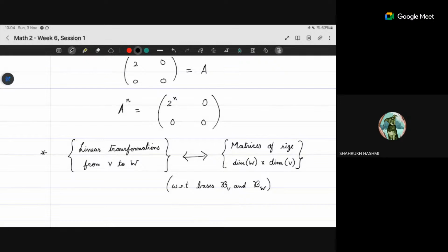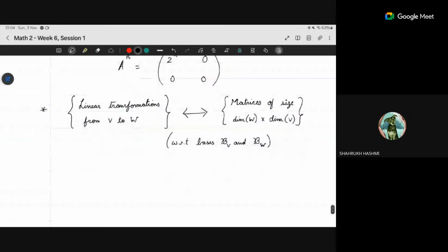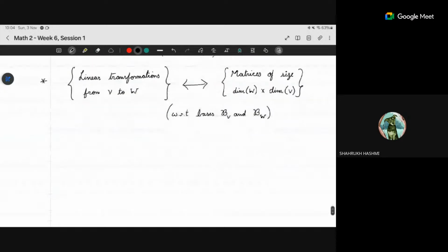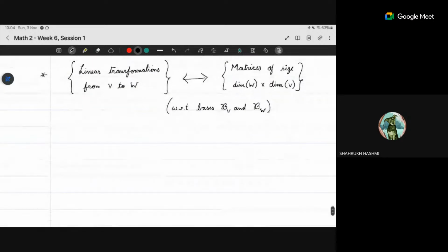And henceforth, whatever notion you encounter for a linear transformation, you should ideally ask, what is the corresponding notion for matrices? Or if you see something in matrices, you should ask what is the corresponding notion for linear transformations of vector spaces. So all that is more general stuff. The more particular things that are part of the course content we'll be taking up in the next session.